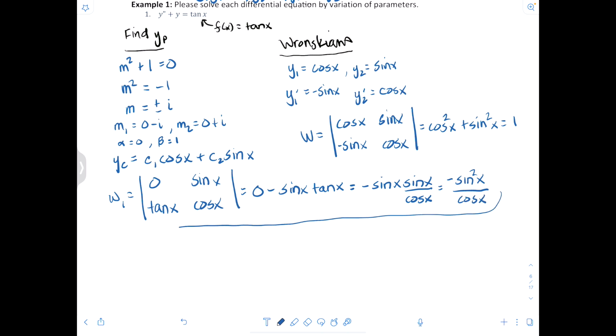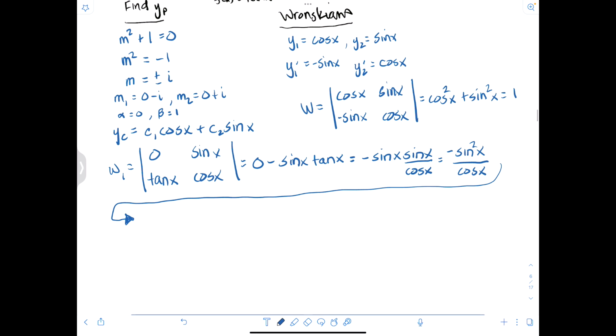Still not quite where we want it, because if we were doing a u sub, it'd be the denominator, and that's not going to work.